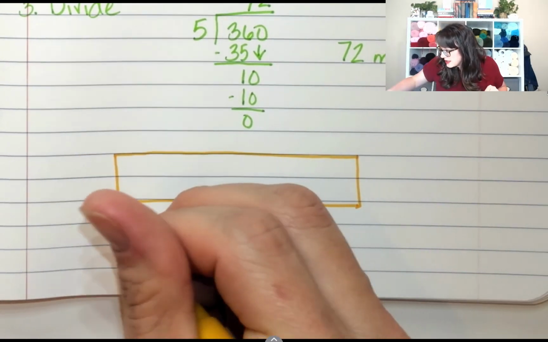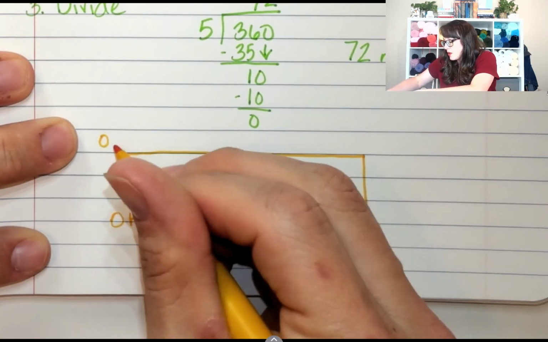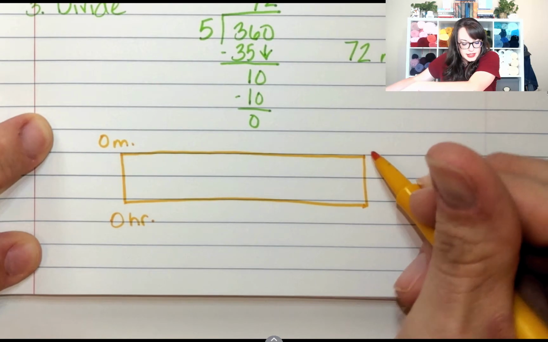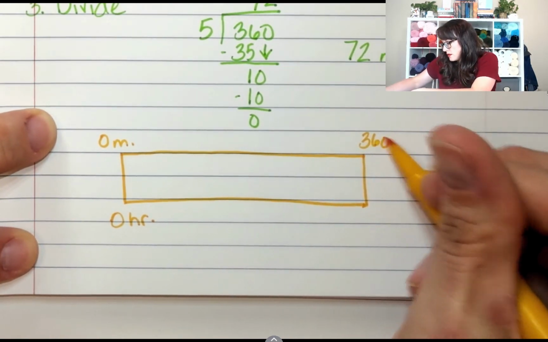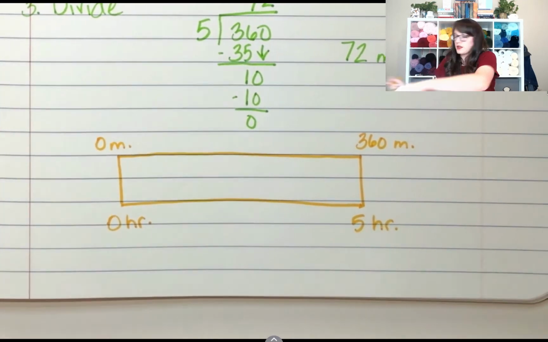So this is going to be 0 hours, and this is going to be 0 miles. So I went 360 miles in 5 hours.